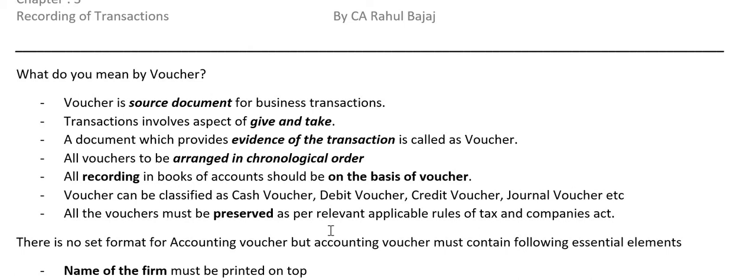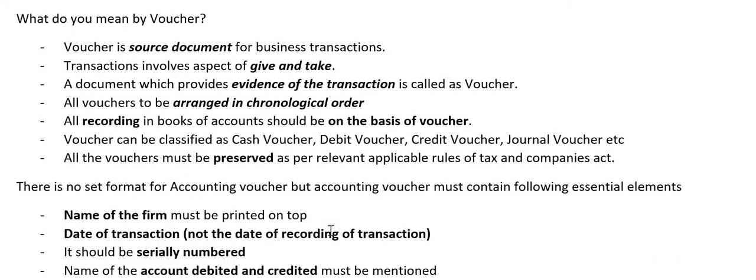If the Companies Act says something, then records are to be maintained for that period. Generally, in the case of income tax, records must be maintained for 7 years, and in the case of the Companies Act, records are to be kept for 10 years.